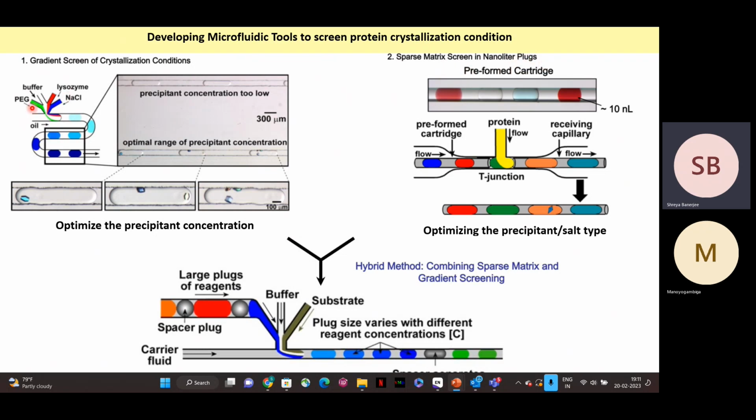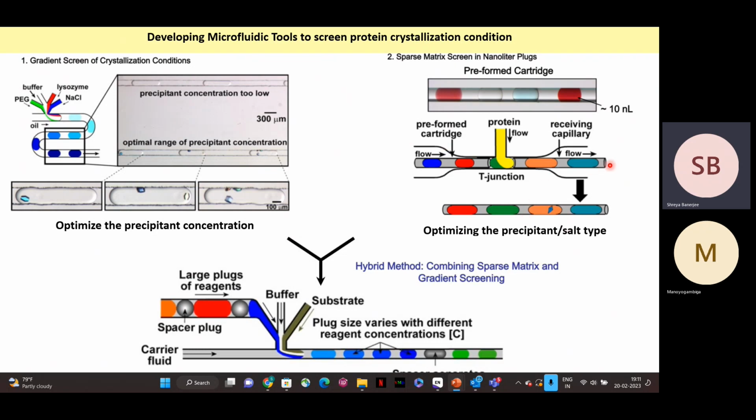So basically, suppose you don't know the kind of precipitant or salt that you need for crystallization. In a capillary, you can have different drops of different precipitants, each around 10 nanoliter volume. So you can have these different drops passing through the tube, and you add your protein to each drop, and you see where the crystal is forming the best.